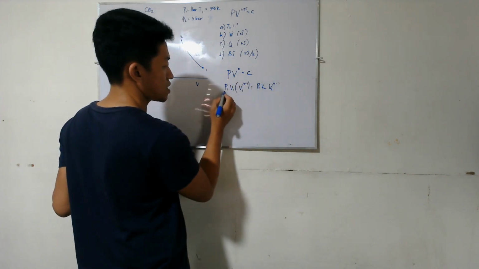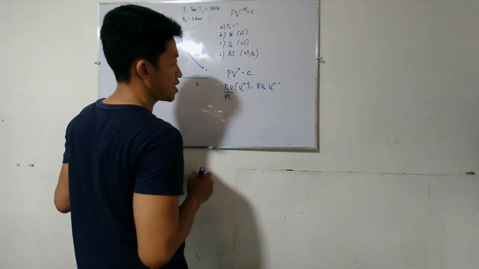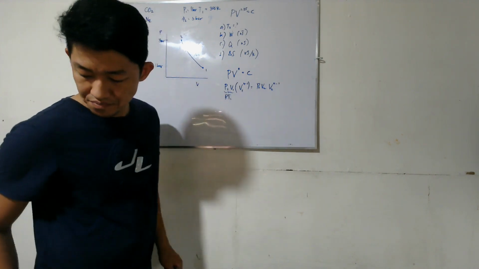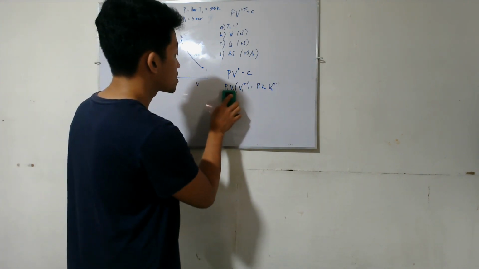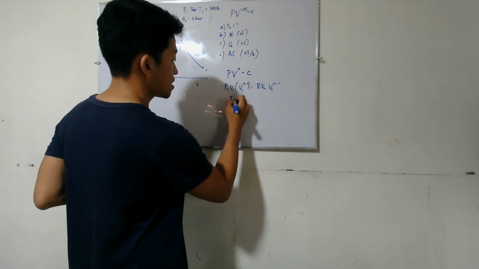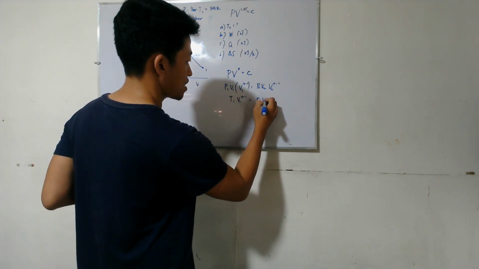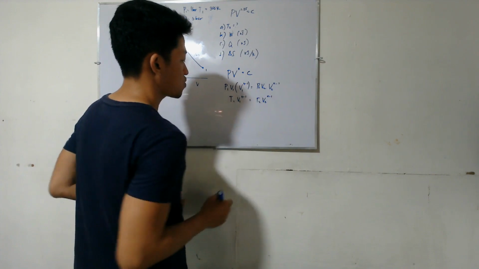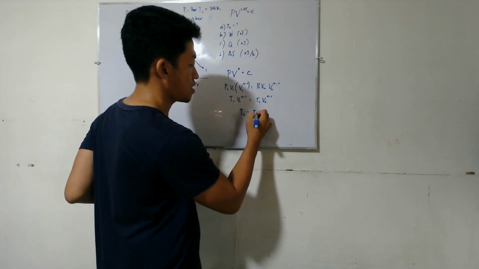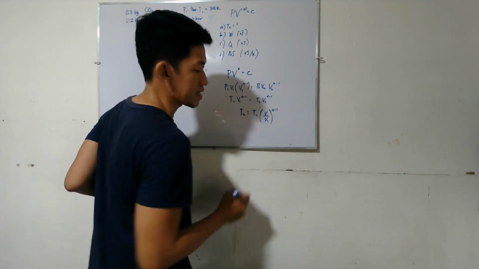And again, this term PV is just equal to RT. So it becomes T1 V1 to the n minus 1 equals T2 V2 to the n minus 1. We are looking for T2. T2 is T1 times V1 over V2 to the n minus 1.